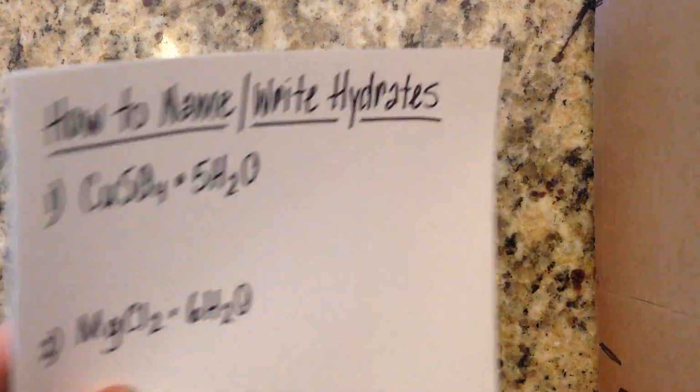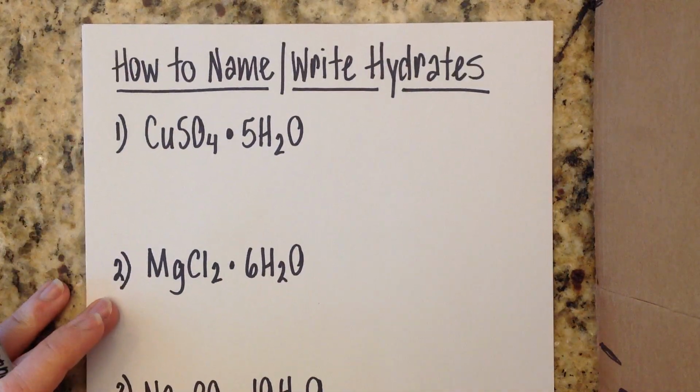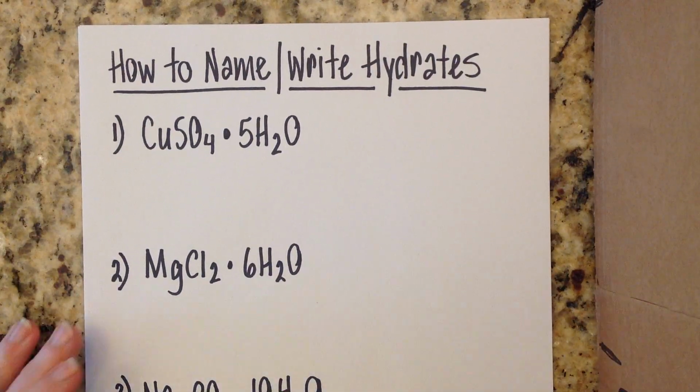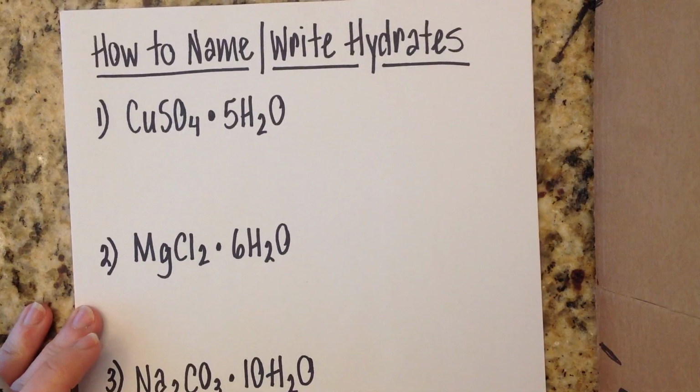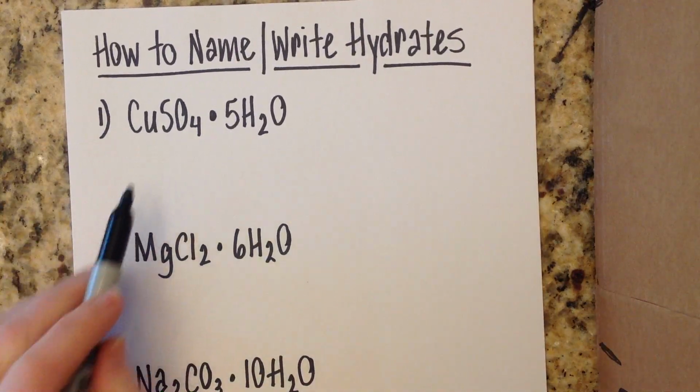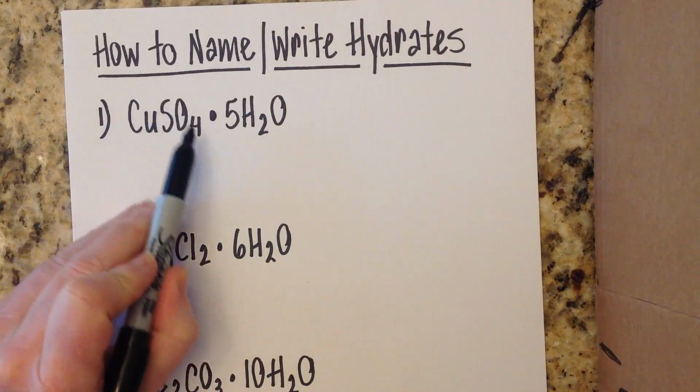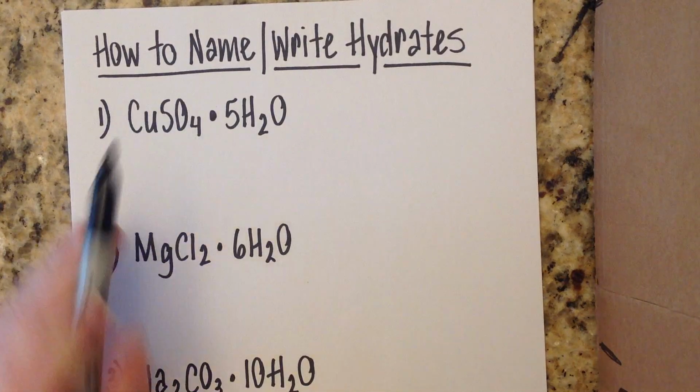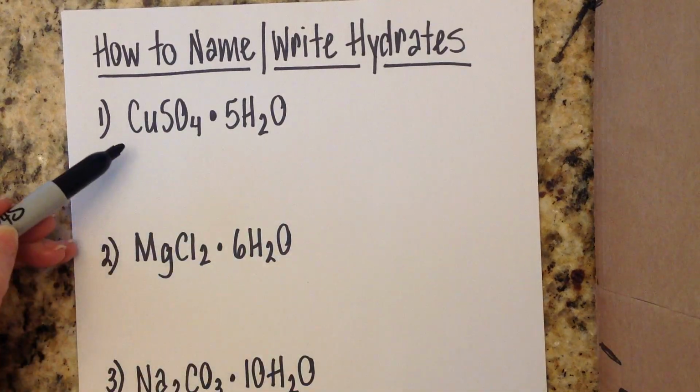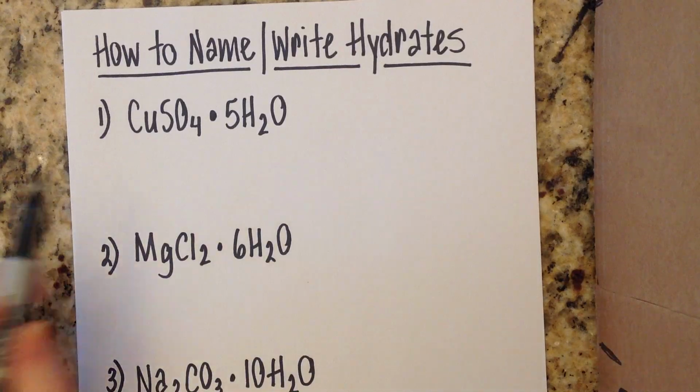Now, the first thing that I'm going to start with you guys is just how to write and name a hydrate. This is so easy because you are going to be happy to know you already know most of this. So let's look at this first one. All you do is look at the first part of the formula, and that's going to be an ionic compound. You already know how to do this.